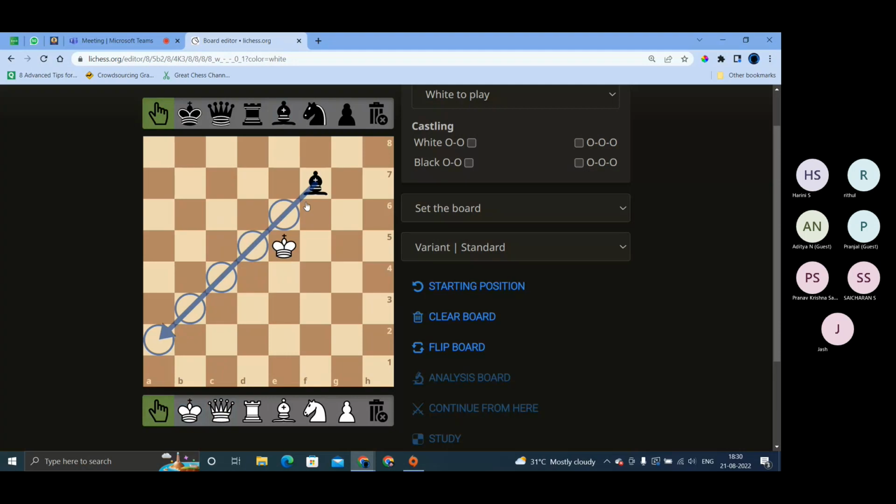Now this king cannot go to this square, he cannot go here, but he can go here, here, here, here, here. So the king's squares are restricted here: 1, 2, 3, 4, 5, 6. That's it. So 7 and 8 are not possible because the bishop is controlling. So that is why we learned the word control.